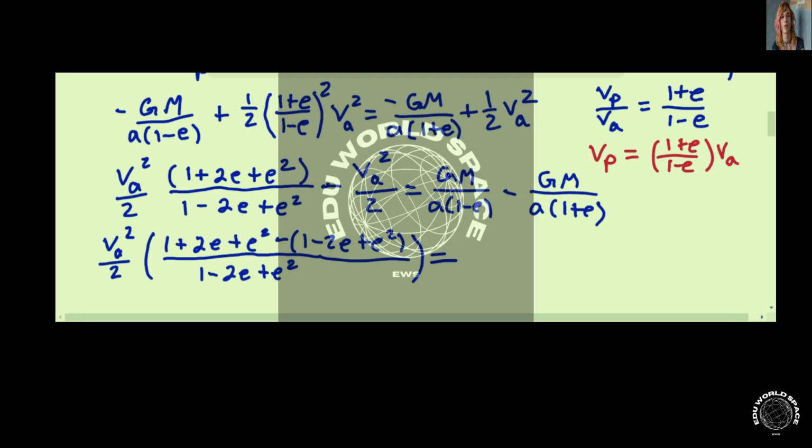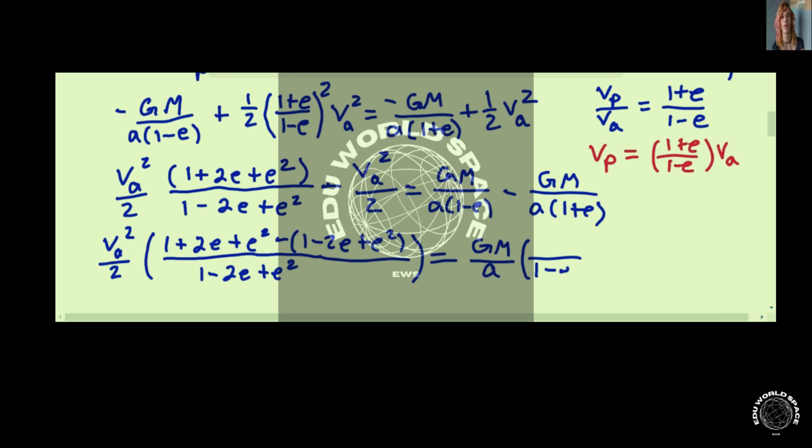And on the right side, I'm going to factor out GM over A. And I'm not going to screw up the negatives this time. So now I know it's just positive 1 over 1 minus E, which, again, we'll save ourselves a step. Get rid of that 1. And let's go ahead and make the denominators like terms again.